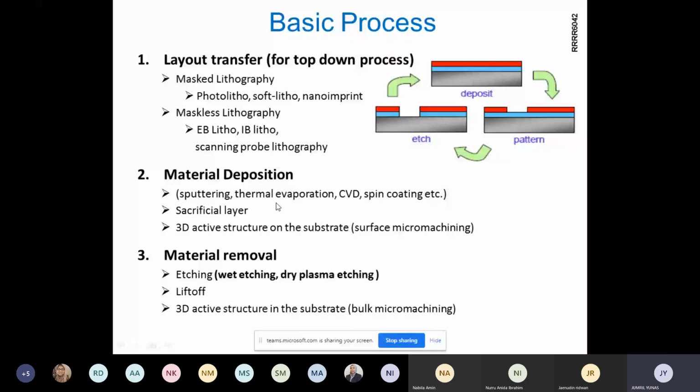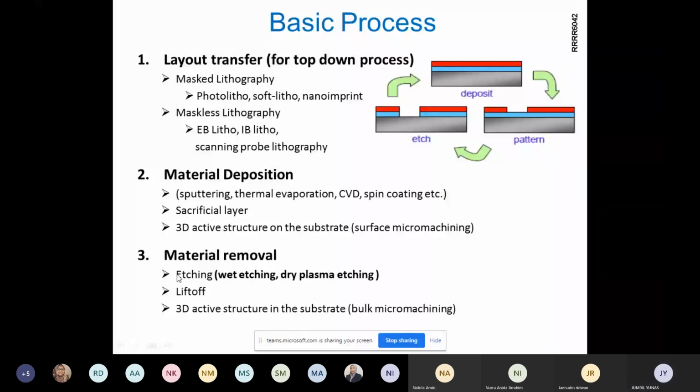Sacrificial layer means that the layer is deposited to support creating another layer. After the creation of the layer, we remove this layer. Therefore, we call it a sacrificial layer. And material deposition can be used for creating 3D active structure on the substrate, such as in surface micromachining process.